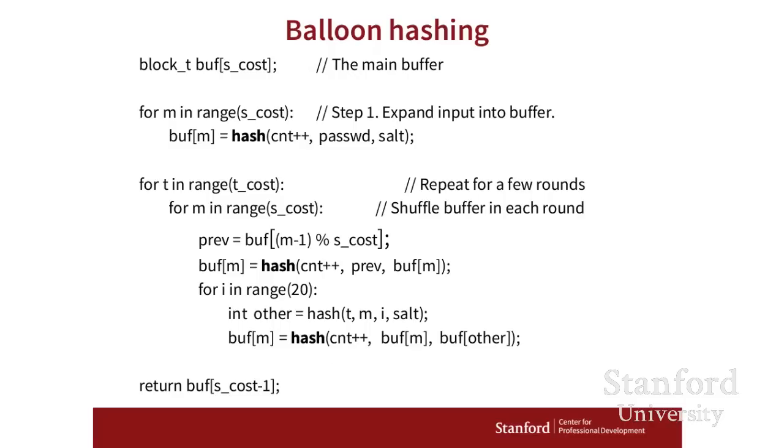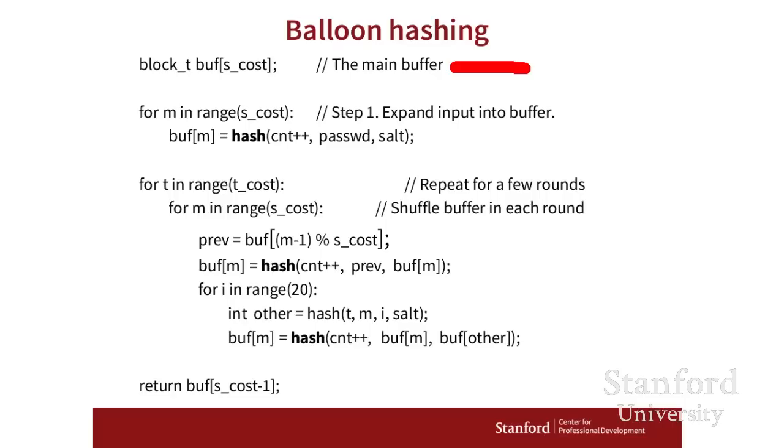So the way they work is basically, as I said, they take as input the password, the salt for the password, the space requirement, and the time requirement. First we allocate a buffer that is going to contain the large amount of memory needed to evaluate the hash function.